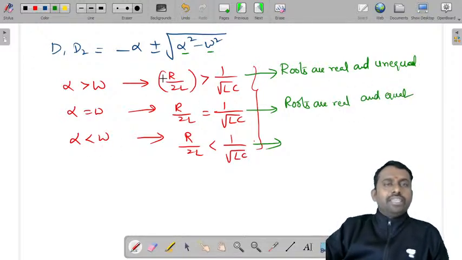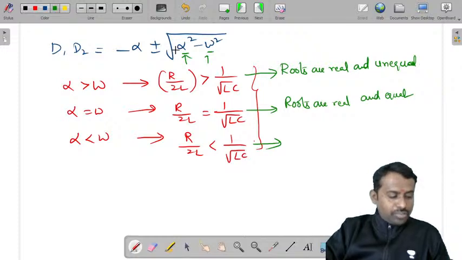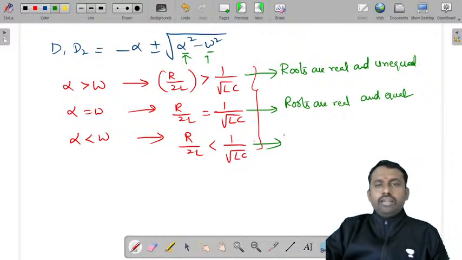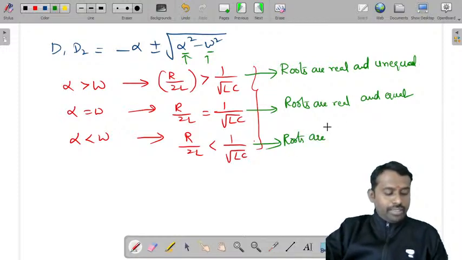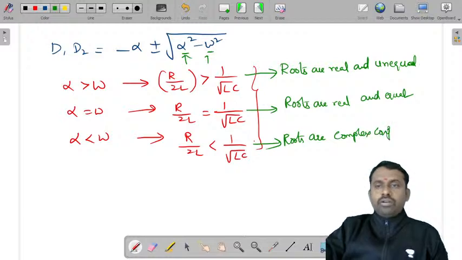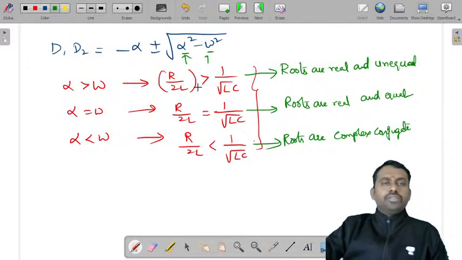And when alpha is less than omega, you'll get under root of a negative value, so this will give you complex roots. The roots are complex conjugate. So these are the three different roots that you will get.